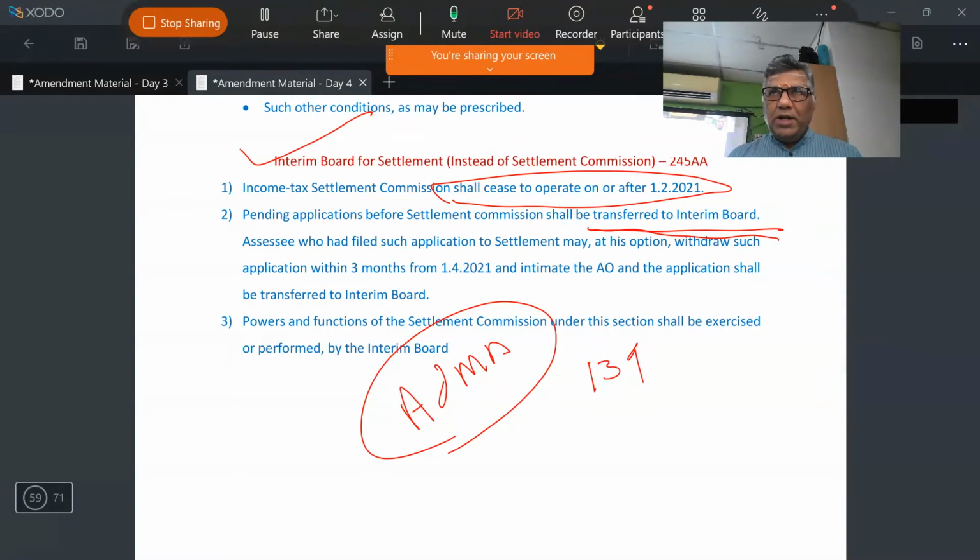For belated return and revised return, it came down to 3 months. In 143, those small amendments, but they also have a significance.